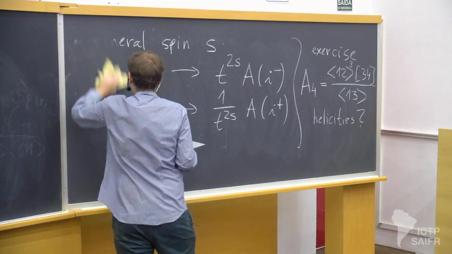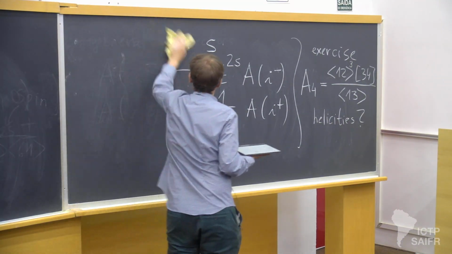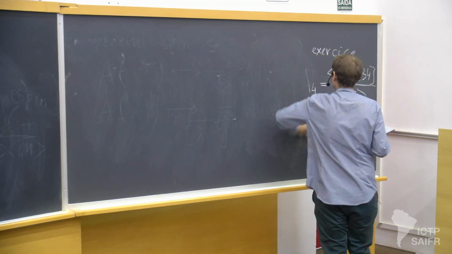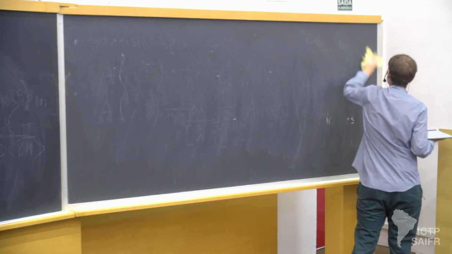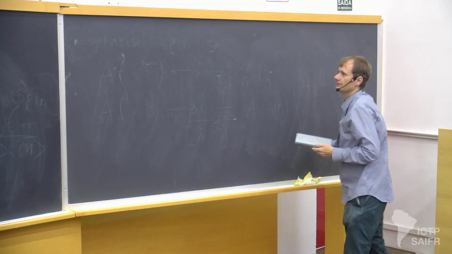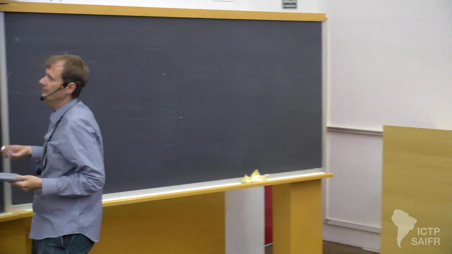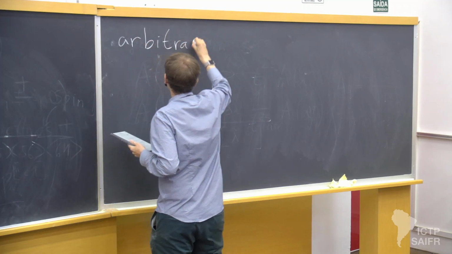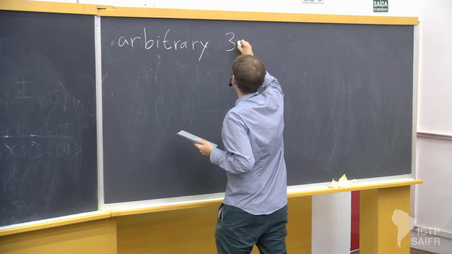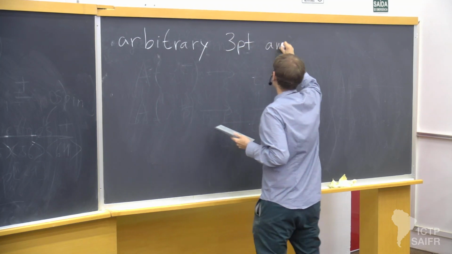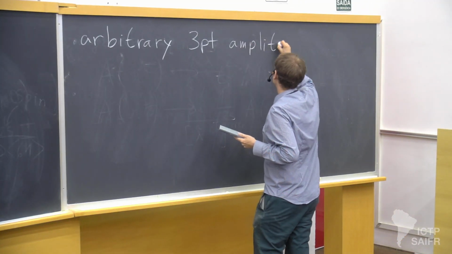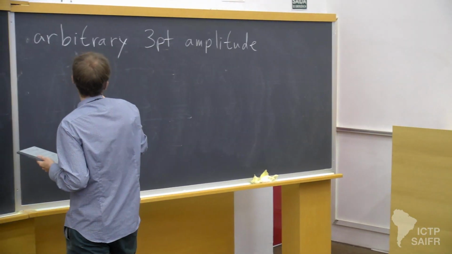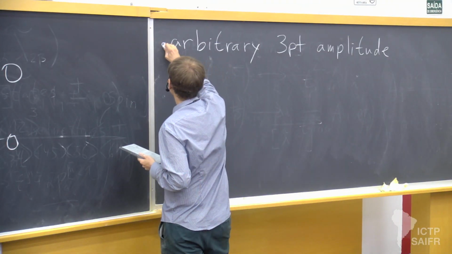Okay, good. But this now allows us to write the 3-point amplitudes. So now let's consider an arbitrary 3-point amplitude, for any spins, for any helicities. It can take only 2 possible forms.